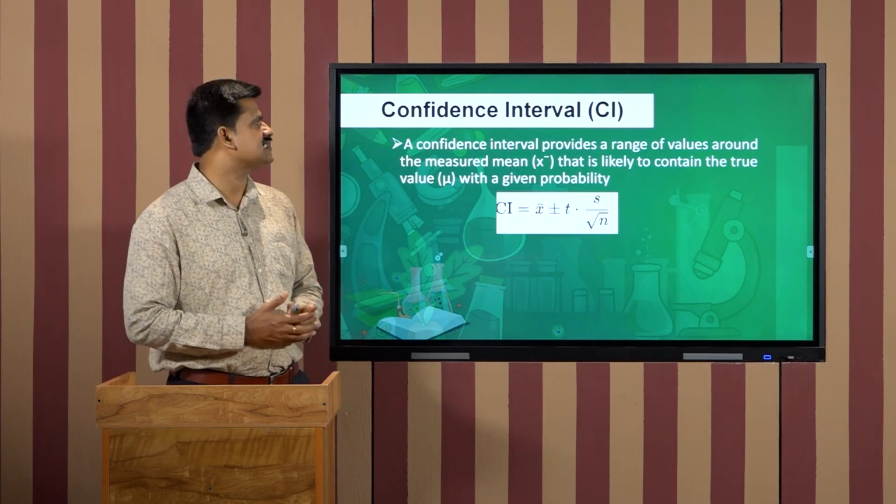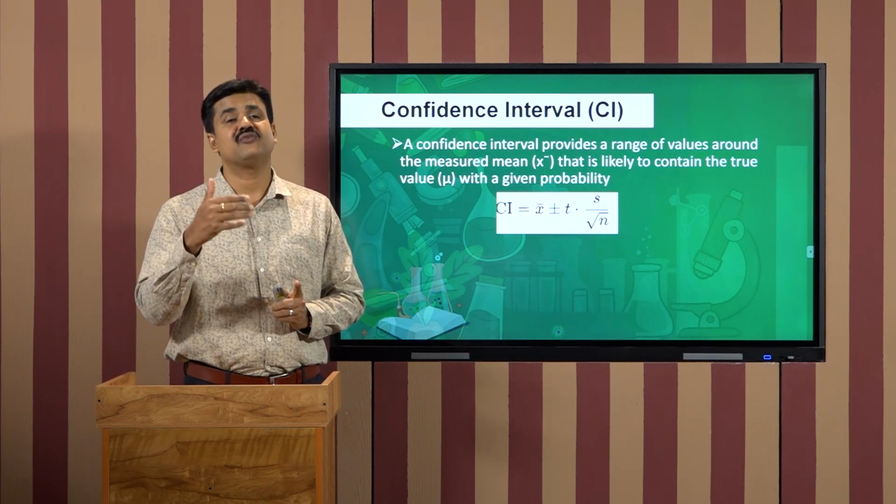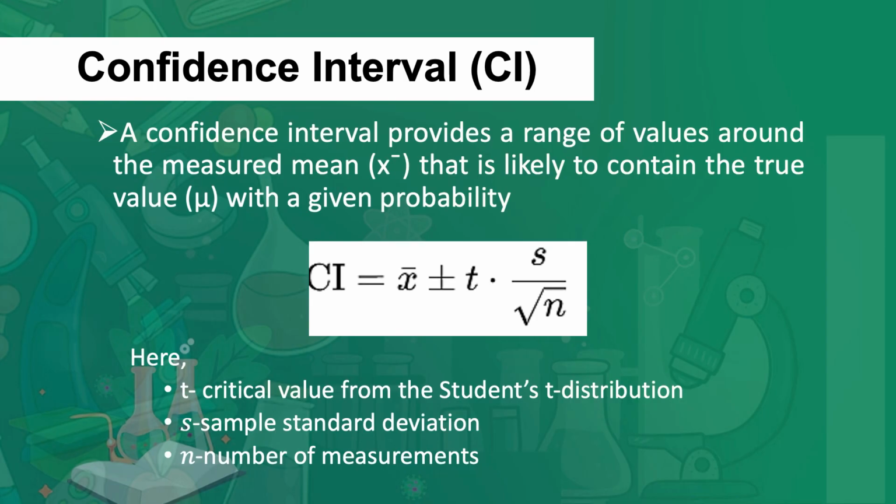A confidence interval is highly related to confidence limit. A confidence interval provides a range of values around the measured mean, that is x bar, which is likely to contain the true value mu with a given probability.